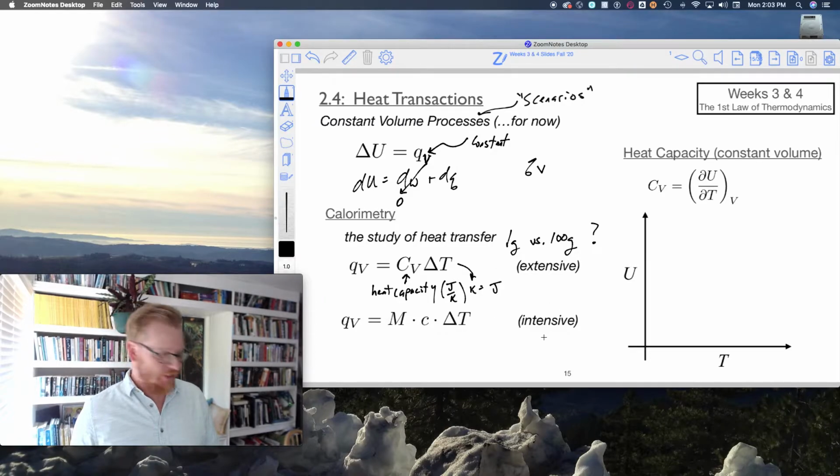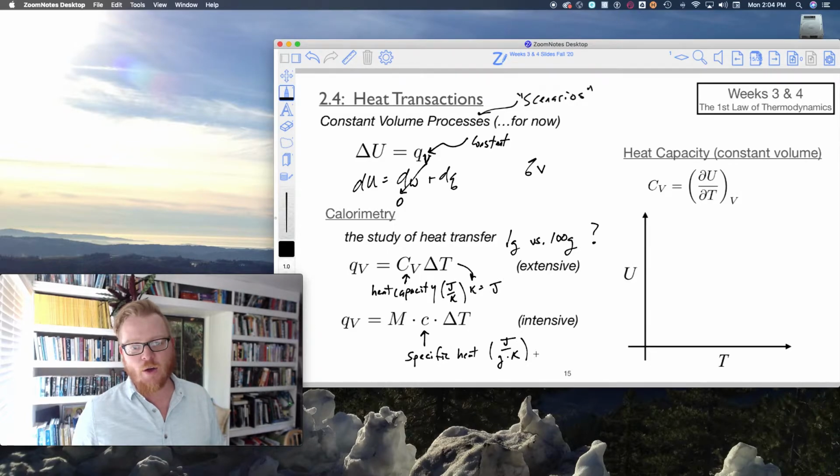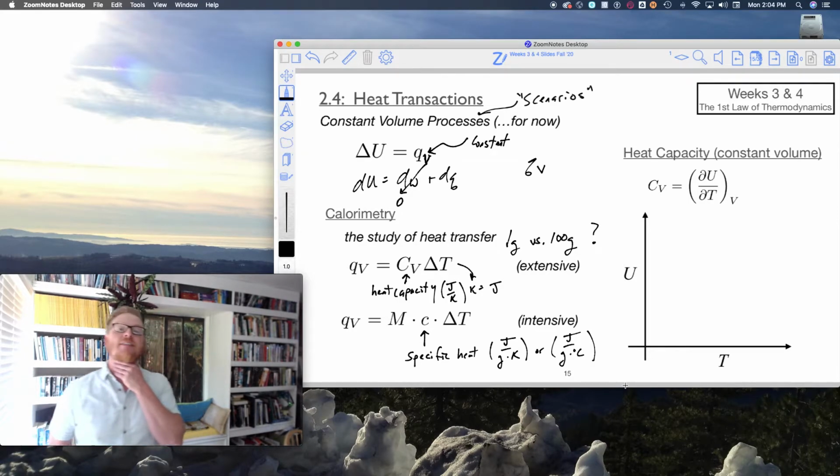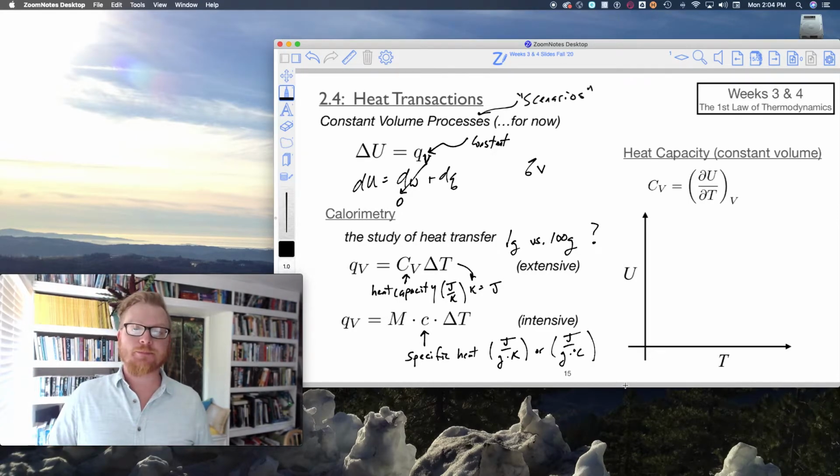But what about intensive? For intensive, we use the specific heat, which has units of joules per gram per degree Kelvin, or some of you are probably used to seeing that as joules per gram per degree C. It's the same thing, because the change in temperature for 1 degree Kelvin is the same as for 1 degree Celsius.